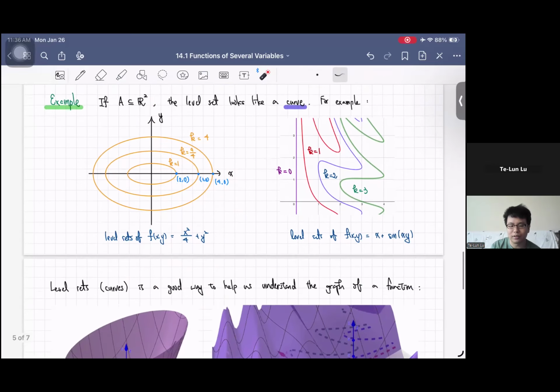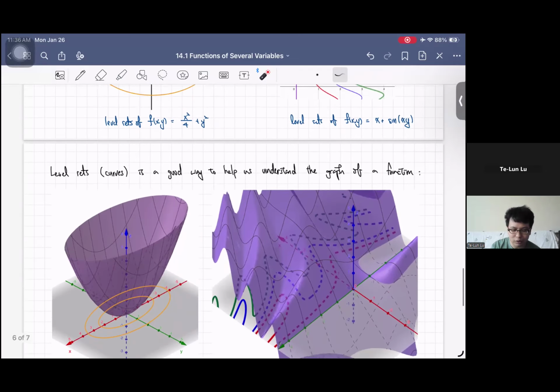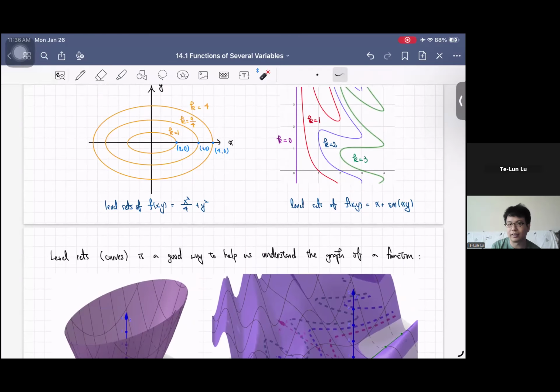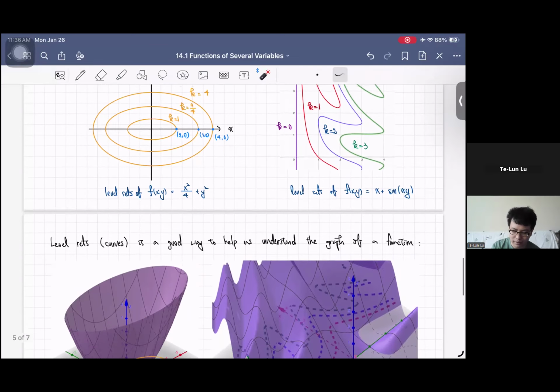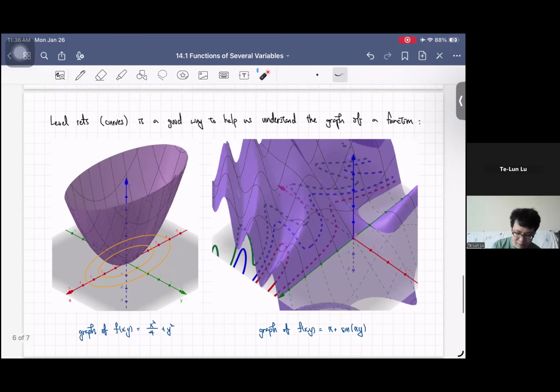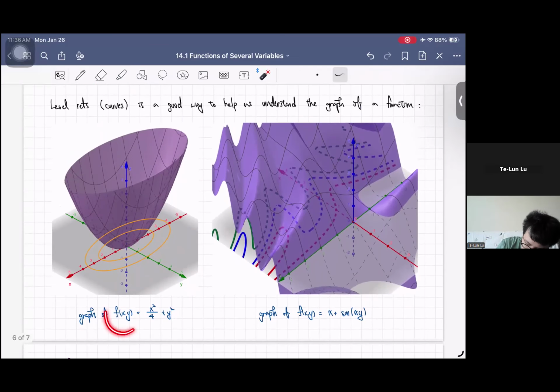And how is that useful? So we can actually utilize that kind of technique to draw a picture, to draw a graph. So you see that, as I mentioned, if I draw this thing on the xy plane, there's different level sets, then the closer to the origin the level set will be, the less the value, right? For example, this might be 1, this might be k equal to 2, this might be 3.